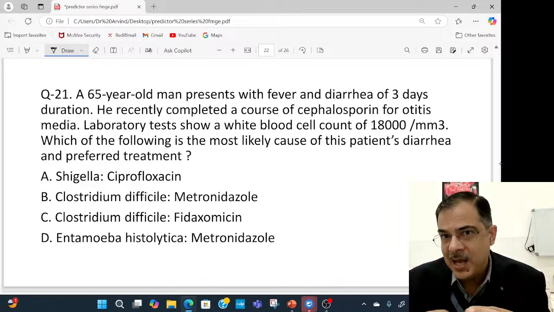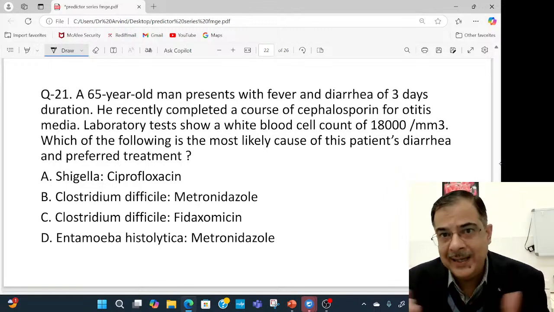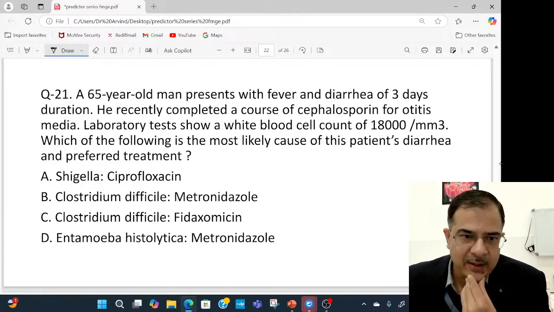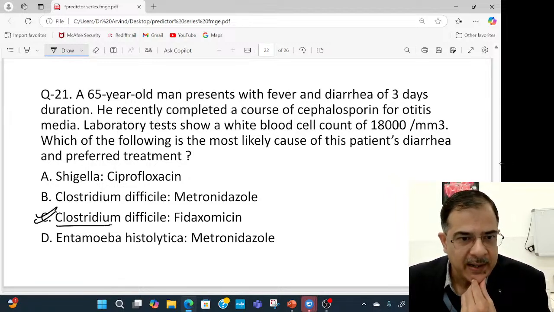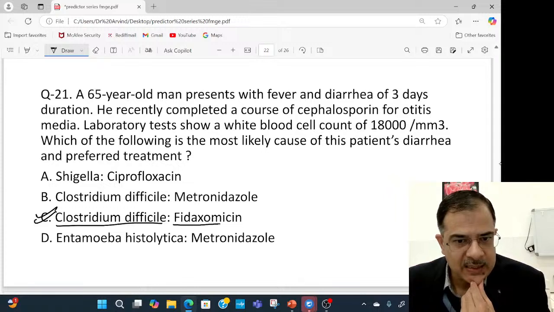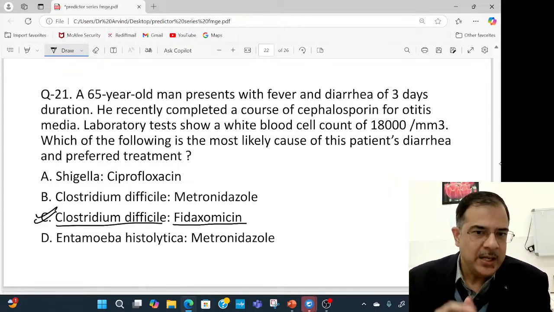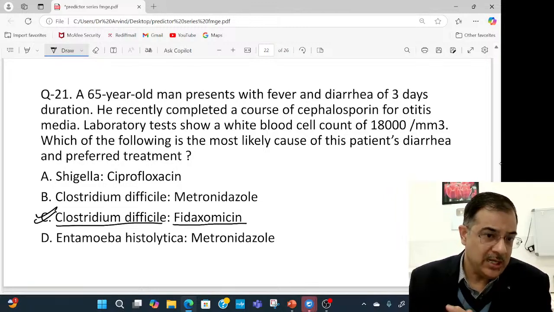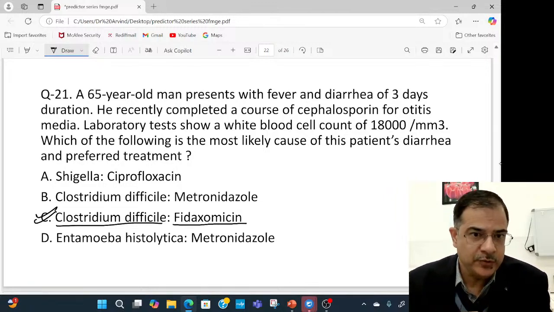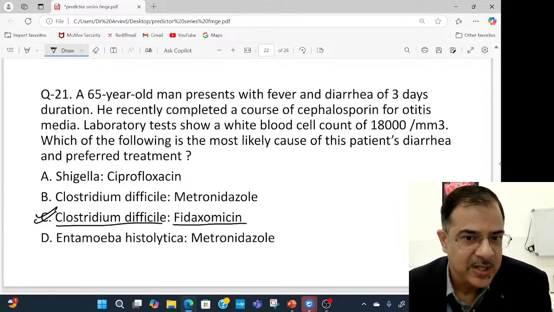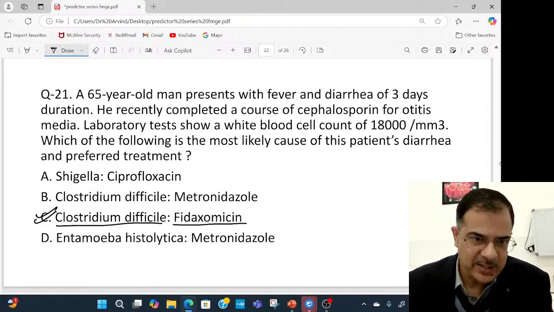Whenever there is diarrhea after antibiotic use with a high TLC count, always and always suspect Clostridium difficile infection. And nowadays the drug of choice has been replaced by fidaxomicin, not metronidazole. So the answer is C option. Now the drug of choice for Clostridium difficile is fidaxomicin, that is given here.